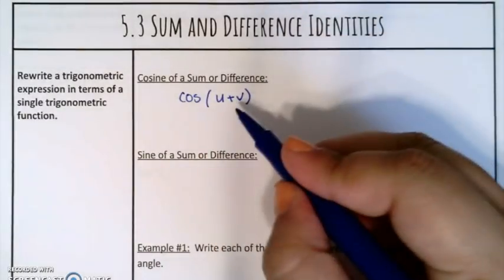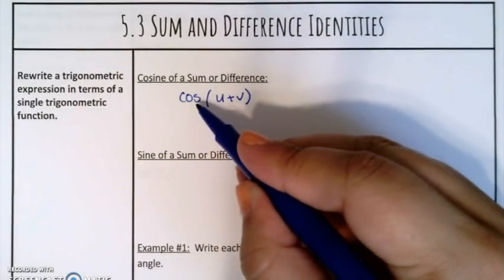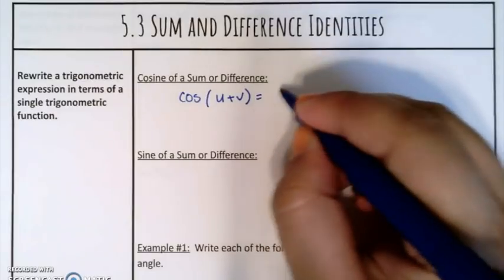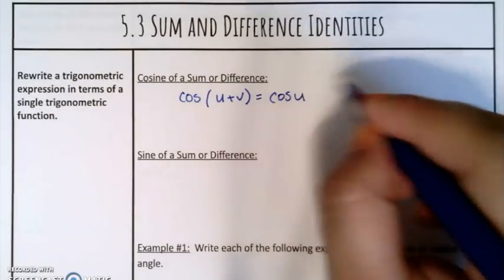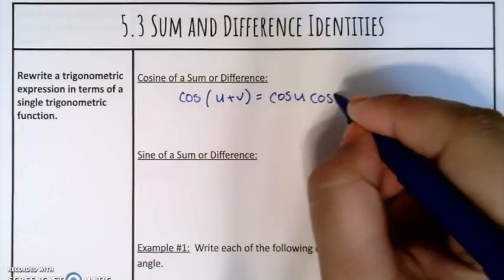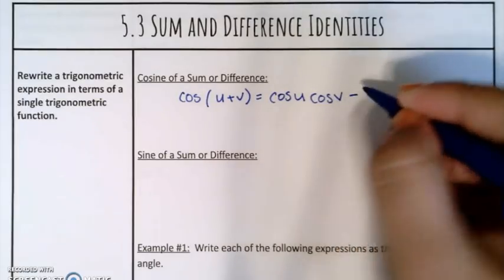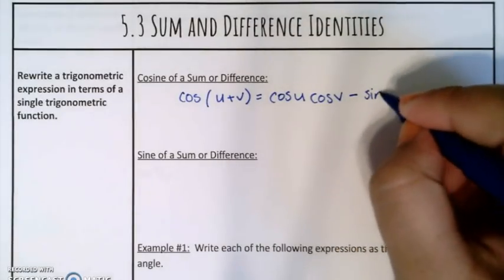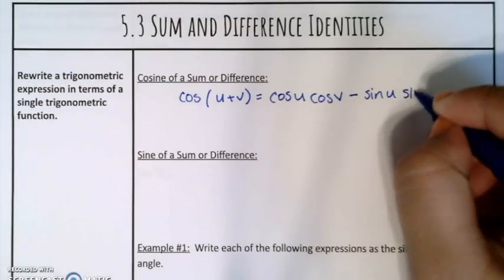This is the sum of cosine: cosine of u plus v equals cosine of u times cosine of v minus sine of u times sine of v.